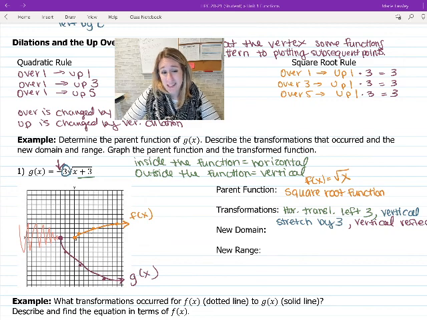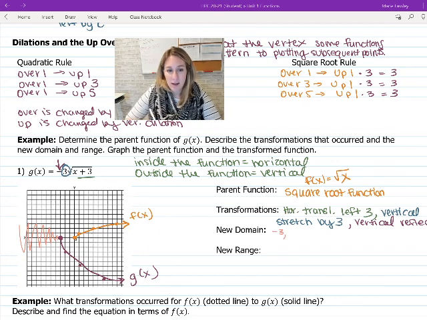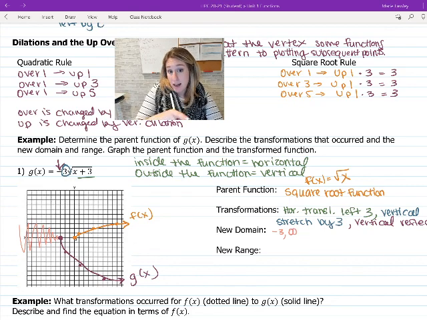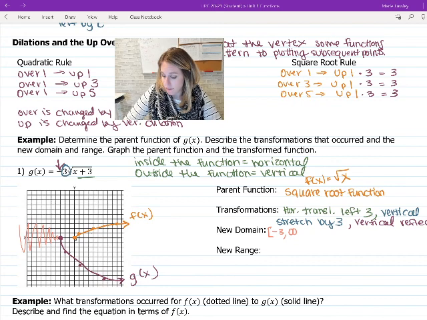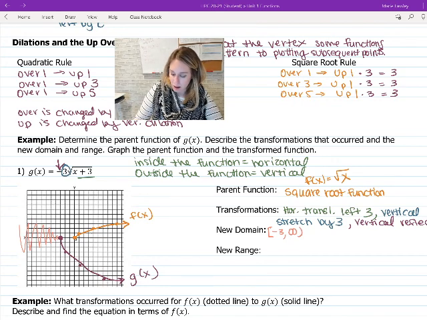Our first x point is right there at -3. So for our domain, we're starting at -3, and then we're going in the positive direction of the x-axis forever. So positive infinity. We do touch that point -3, so we're going to use a bracket, and we never touch infinity, so we use a parentheses. That is domain.